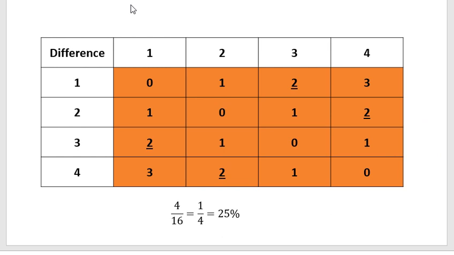And this agrees with what we did with our tree diagram. 4 outcomes out of a possible 16 outcomes are showing a difference of exactly 2. So that's 1/4 of our outcomes, or 25%. Both of these systems, as expected, give the probability of getting a difference of exactly 2 at 25%.